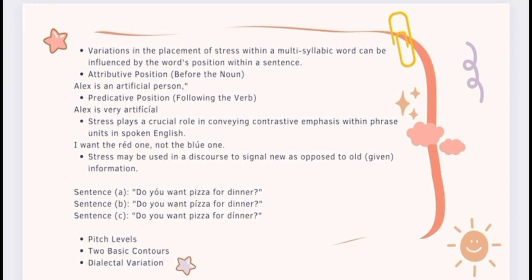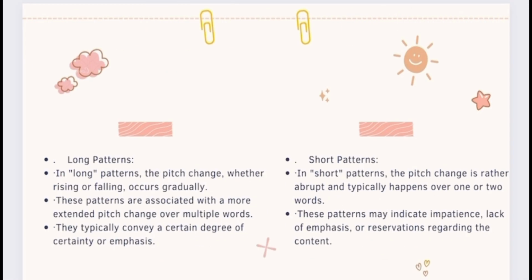Dialectal variation. Intonation patterns can vary significantly among different dialects of English, such as British, American, and Canadian English. This variation can be distinctive but is often suppressed by the musical tones in songs. Long patterns: in long patterns, the pitch change, whether rising or falling, occurs gradually.